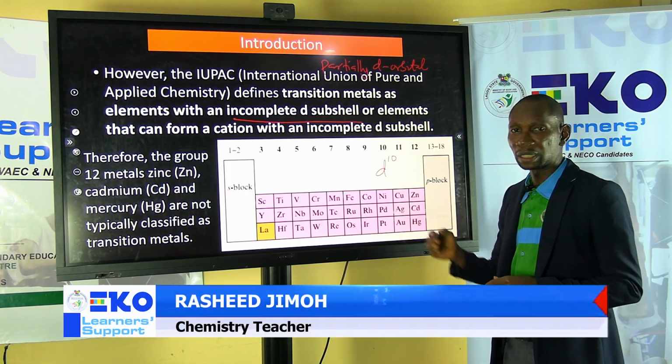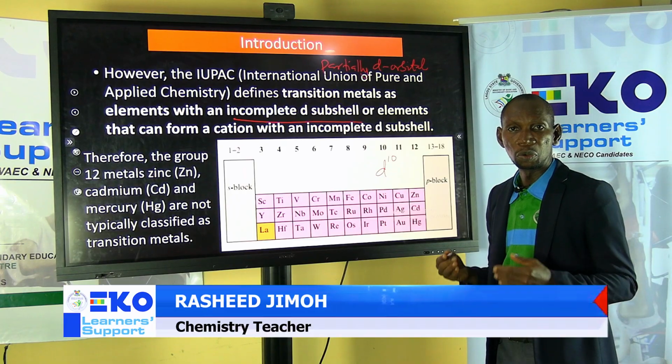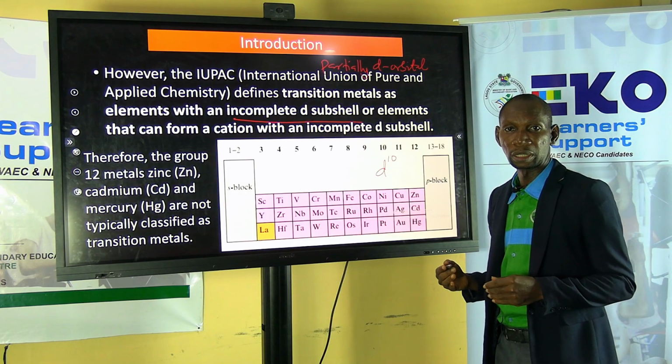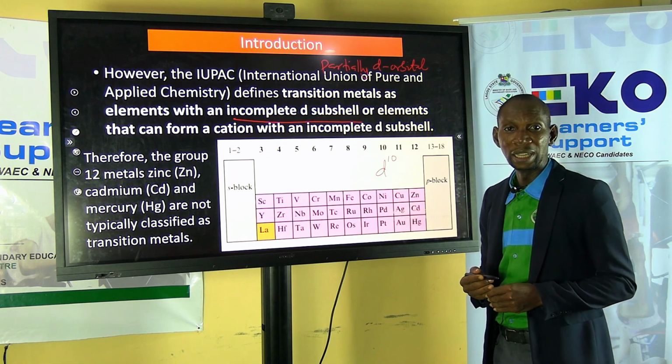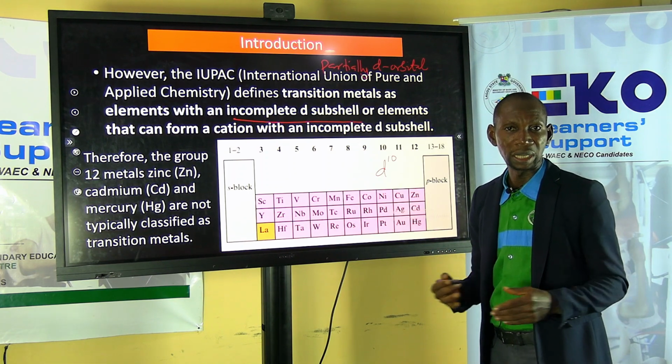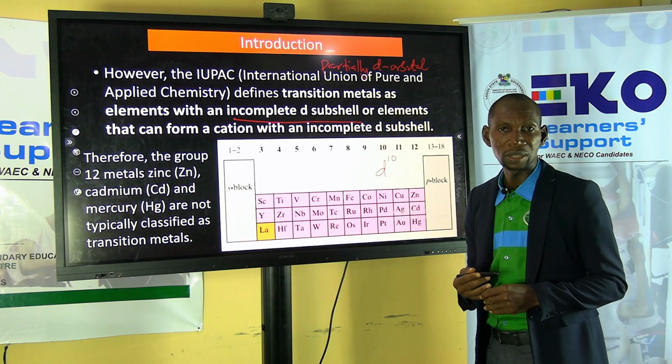So this doesn't satisfy the requirement for an element to be a transition metal. You can call zinc a D block element, but not a transition metal. That distinction has to be made.